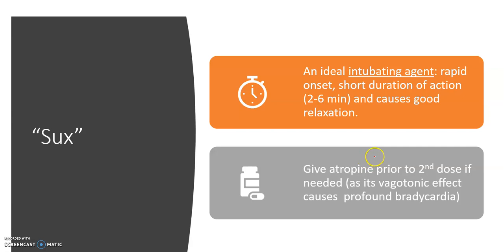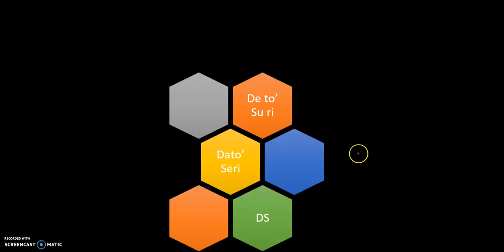So it stops pumping oxygen to the rest of the body, to the brain, to the heart, etc. So that will cause death. That's why if it goes down, one of the drugs that we can give is atropine, depending on the situation. So remember DS to remember depolarizing and succinylcholine.